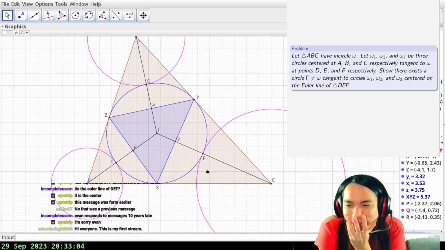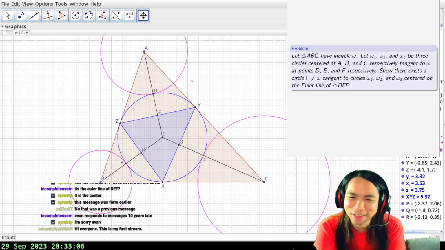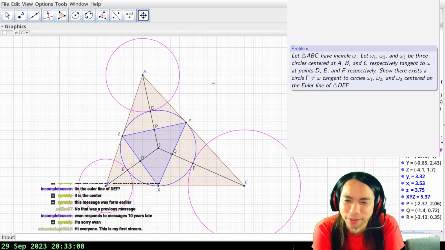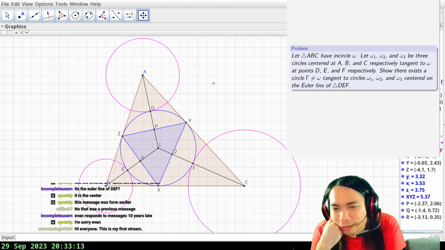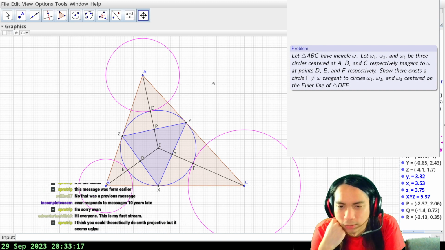Okay, we may not invert it. But I just feel like the problem should be based on... even if we're not inverting, I feel like XYZ sort of should be the reference triangle, because the Euler line is with respect to XYZ and not DEF.